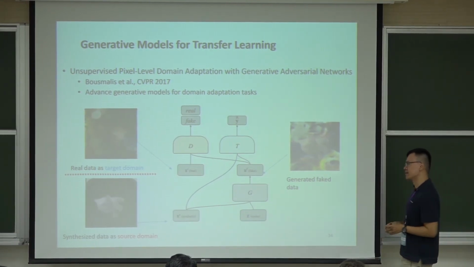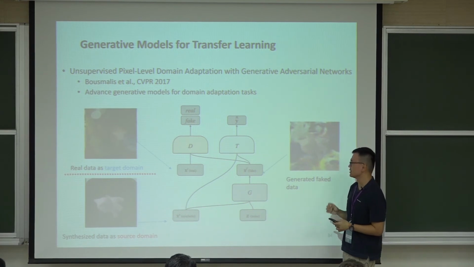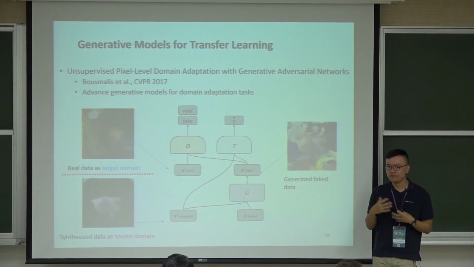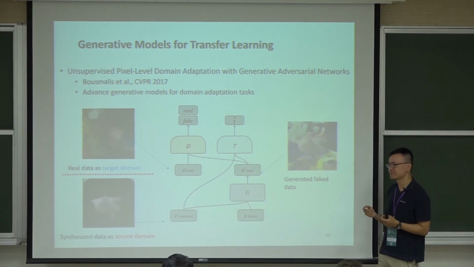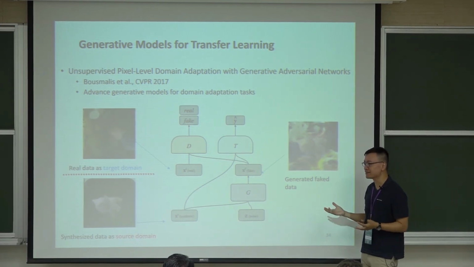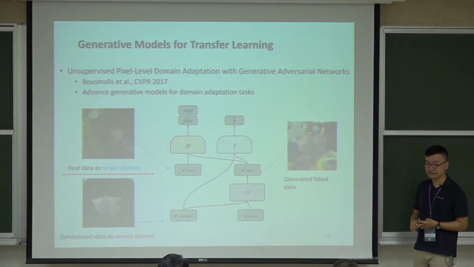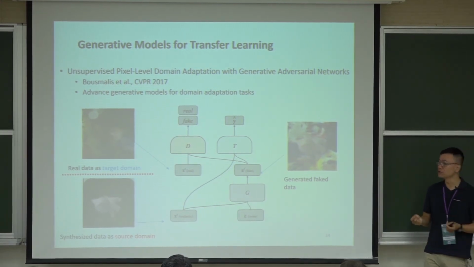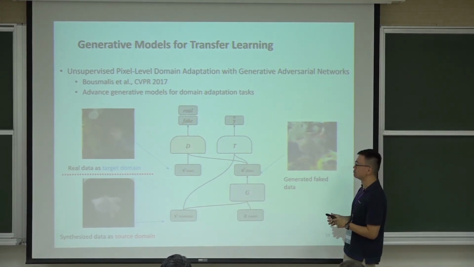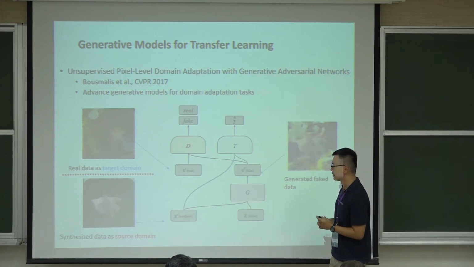And the next one, personally, I do not find the result to be very promising or very convincing. But anyway, it is also an example of domain adaptation, dealing with source and target domain data.